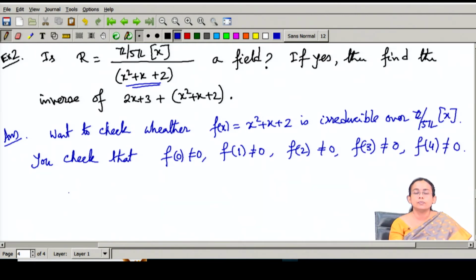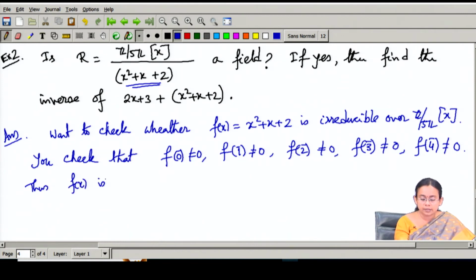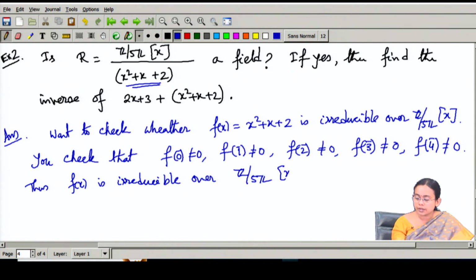I write 0 bar, 1 bar, 2 bar, 3 bar, 4 bar to denote the residue classes in Z quotient 5Z. So, none of them is a 0, therefore this polynomial f(x) is irreducible over Z quotient 5Z[x]. Hence, the ideal generated by this is a prime ideal.